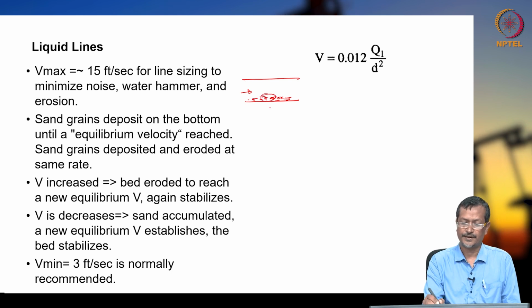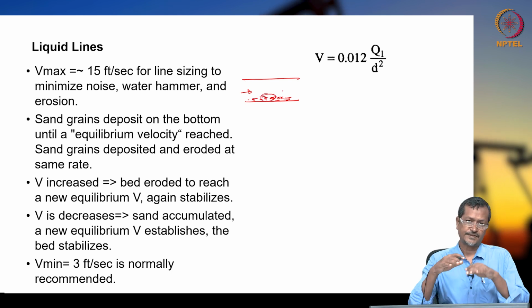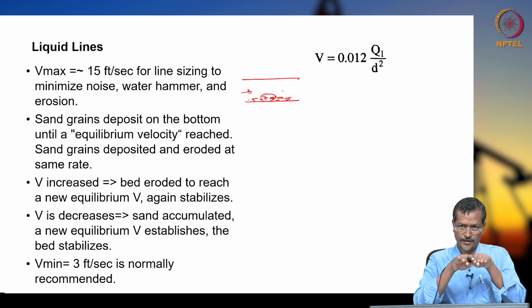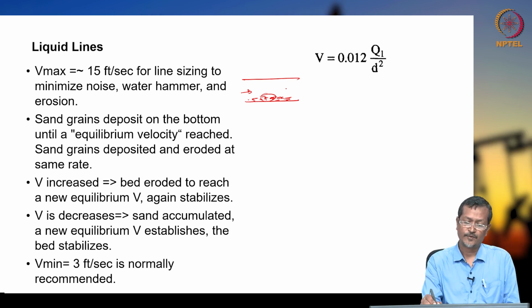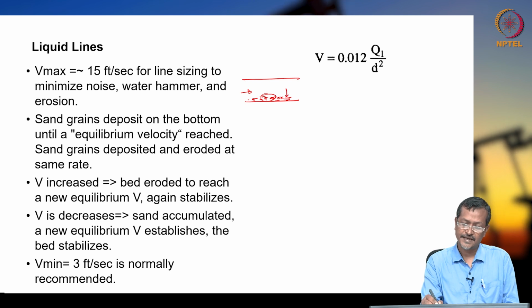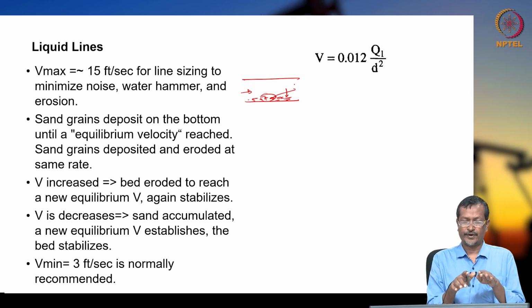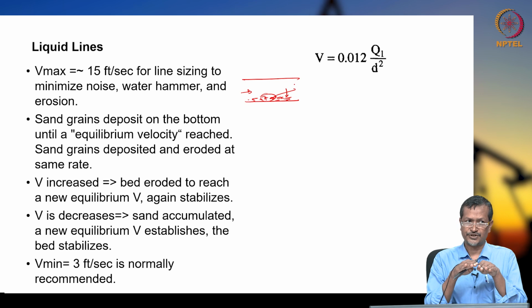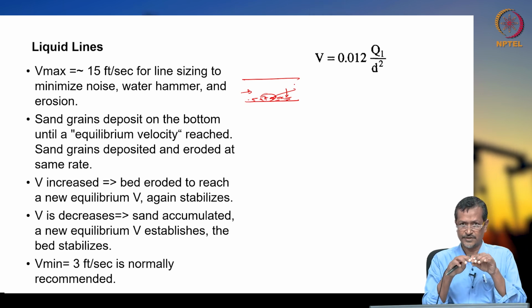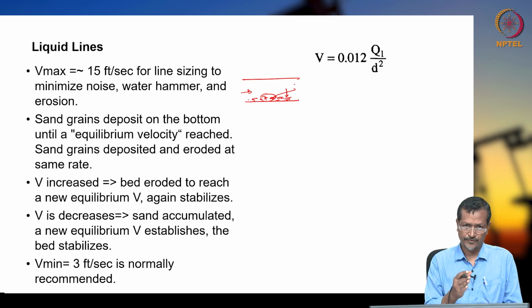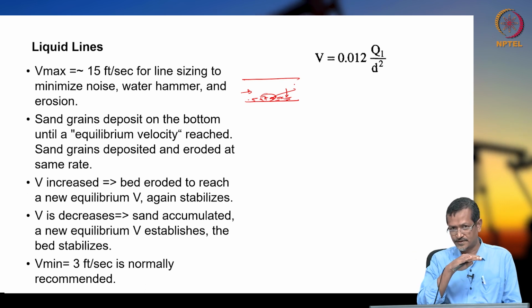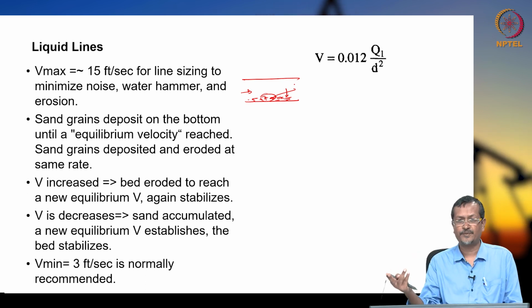And again after a certain time, one equilibrium condition will come. So X amount of sand will be deposited, and the same amount will be moving out. In that case, there will be no extra deposition, rather a certain amount is deposited and a certain amount is removed. But again, if you reduce fluid velocity, again certain sand will be deposited and again equilibrium will be maintained.